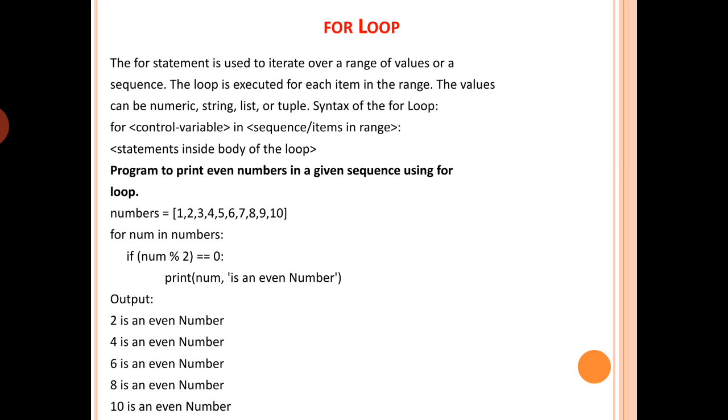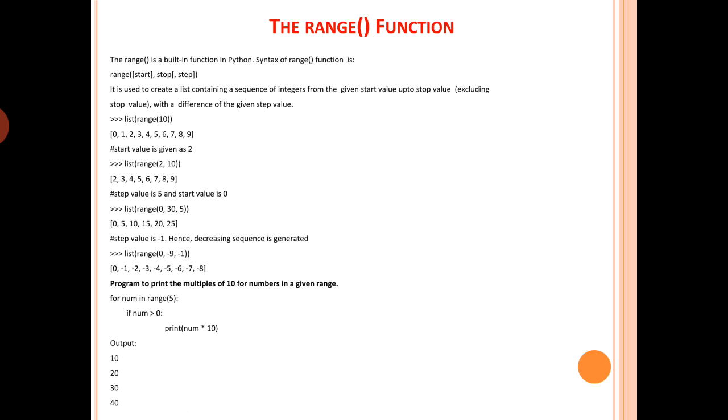It will check if num modulus 2 is equal to 0, and then it will print the number is an even number. So the output will be 2 is an even number, 4 is an even number, 6 is an even number, 8 is an even number, and 10 is an even number.